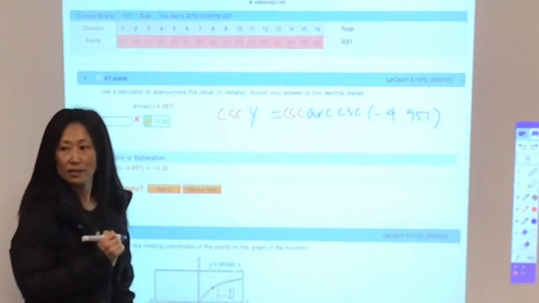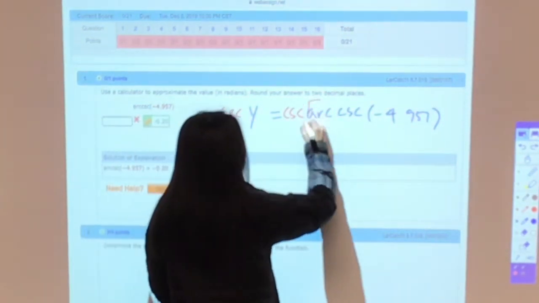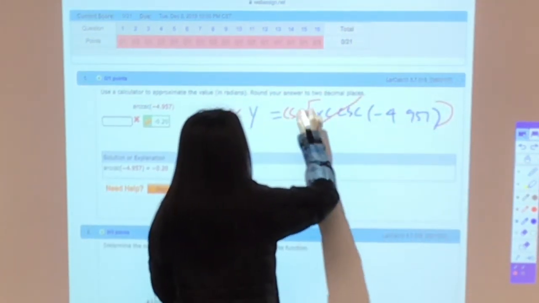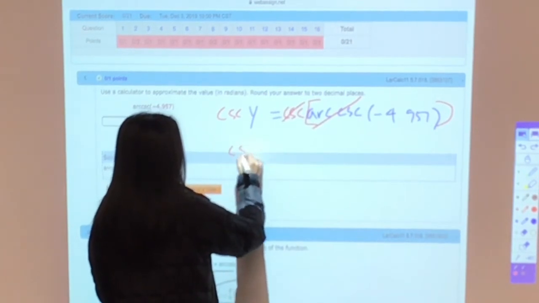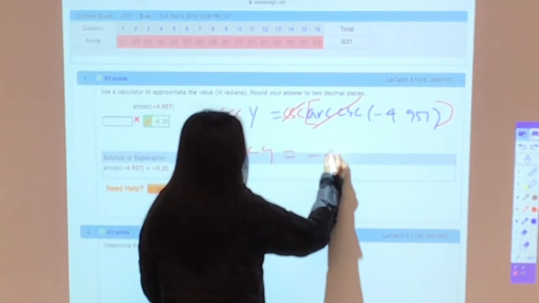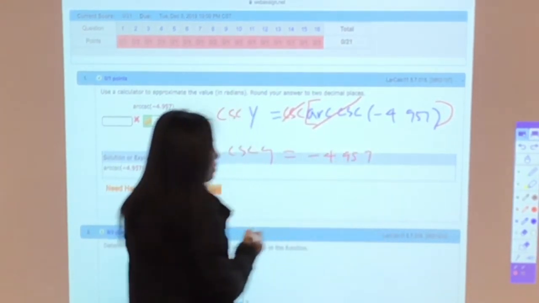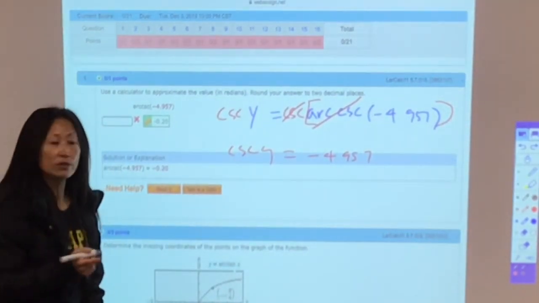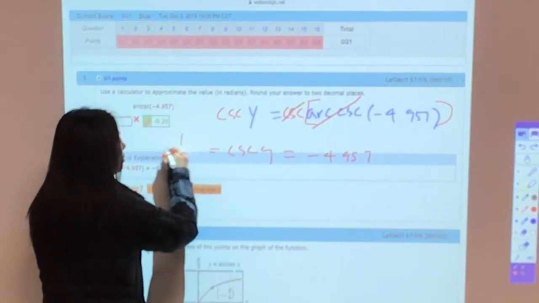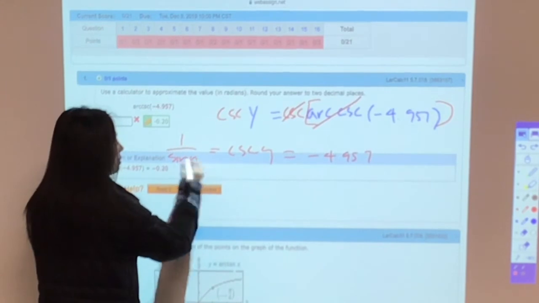When I apply this, they cancel out, and I just have cosecant y equal to negative 4.957. But we also know cosecant means what? 1 over sine y.